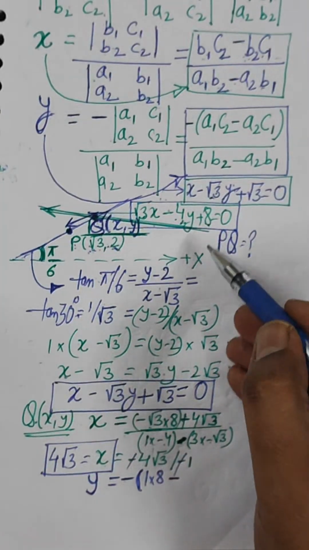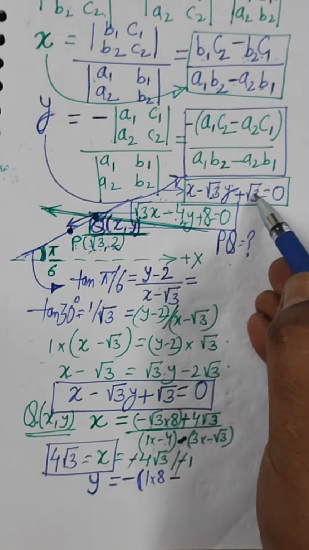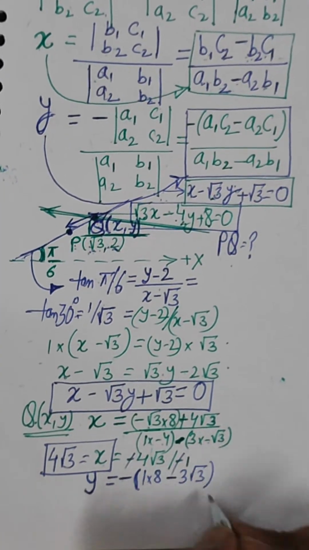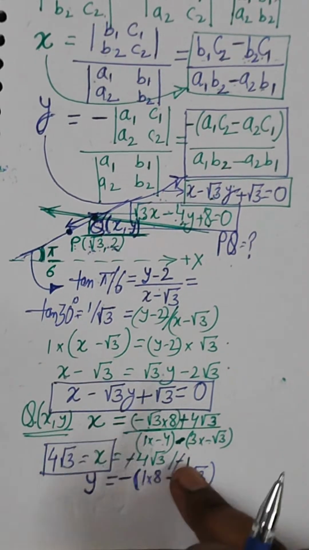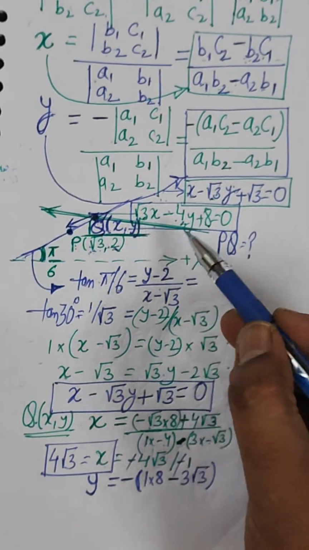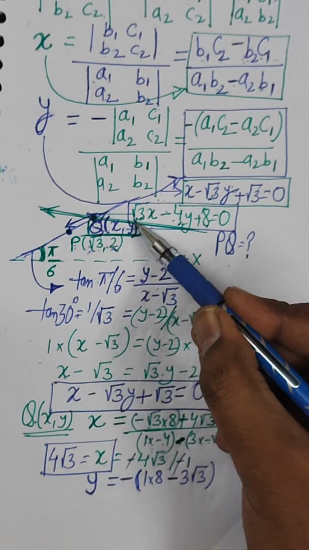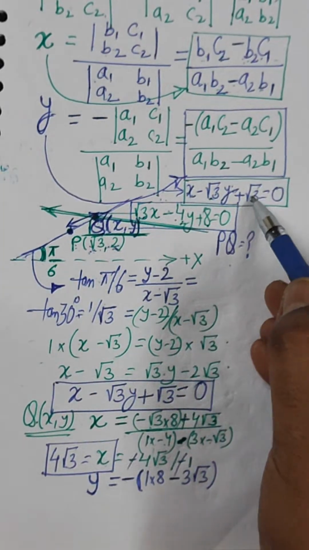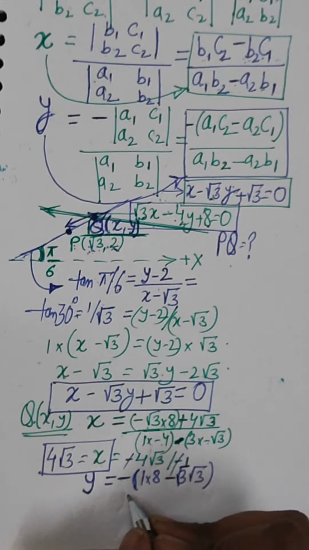What is a2? a2 is root 3, not 3, and c1 is root 3. So root 3 into root 3 here, right?